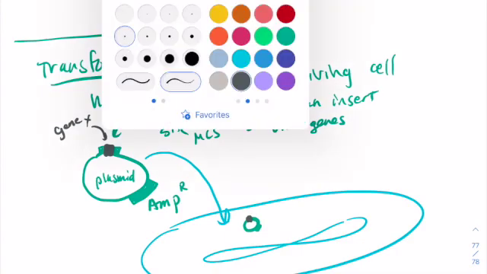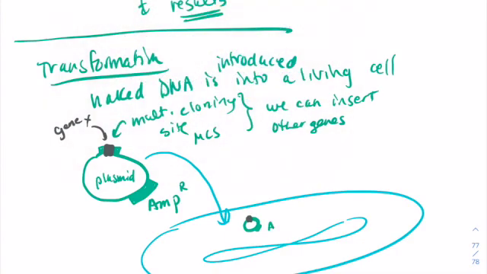Now, this E. coli cell is going to be resistant to ampicillin, and that's actually how we can make sure that the plasmid got in there. If we grow this in the presence of ampicillin, it's going to be able to grow. That means that it's got the plasmid in there, and we hope also that it will make our gene X product.